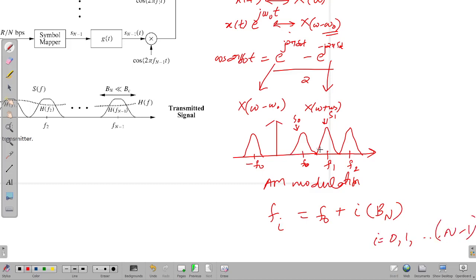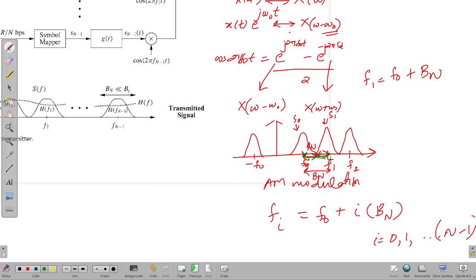This is f naught, and f1 is going to be f naught plus Bn. This is Bn by 2, this small distance is here, this is Bn by 2, and this is also Bn by 2.